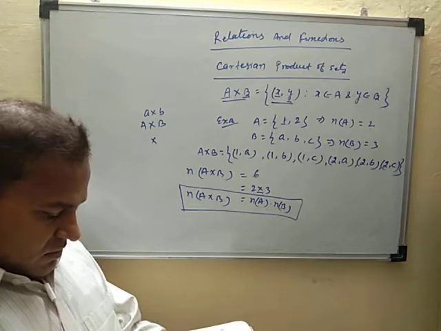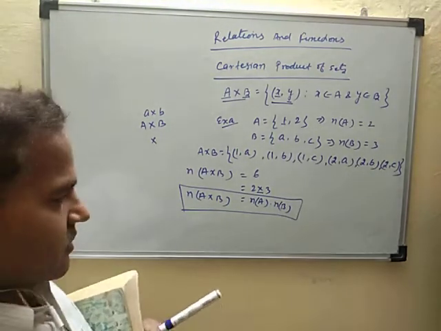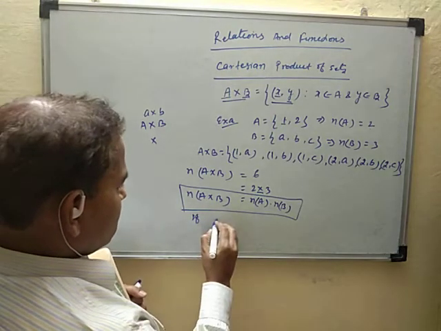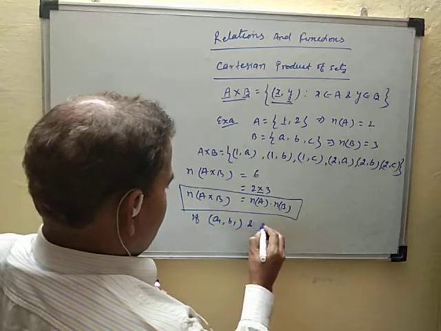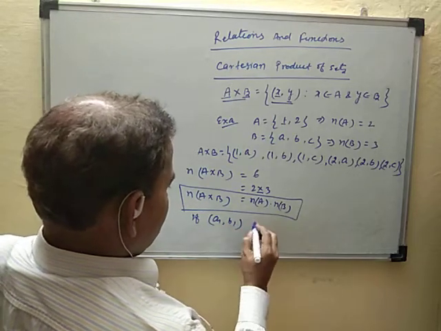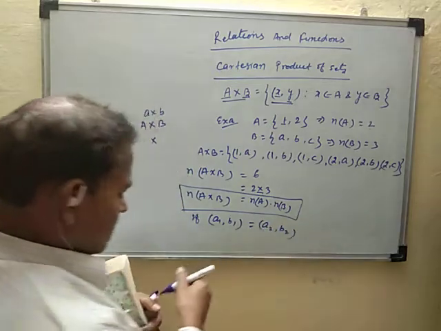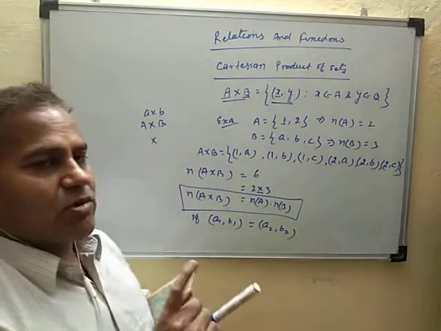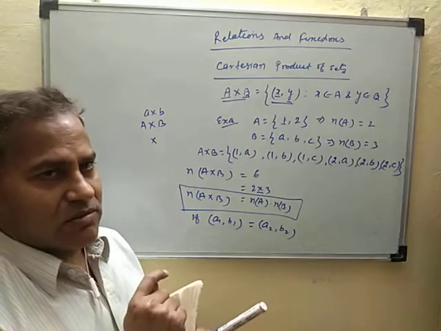Now next, suppose (a1, b1) and if (a1, b1) is equal to (a2, b2), that is, any two elements of the Cartesian product of two sets are equal.